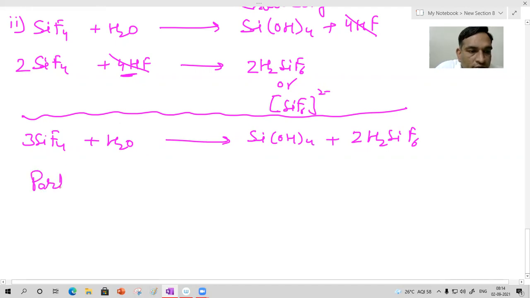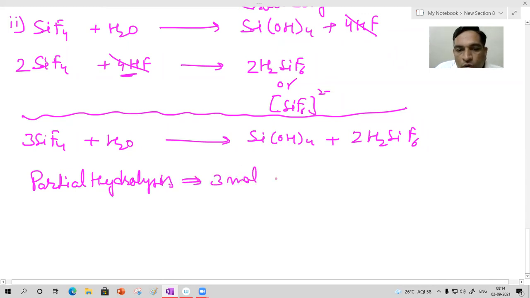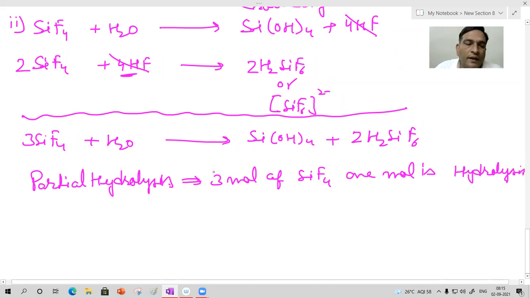Partial hydrolysis. Why? Of 3 mole of SiF4, 1 mole is hydrolyzed. That is the important thing.